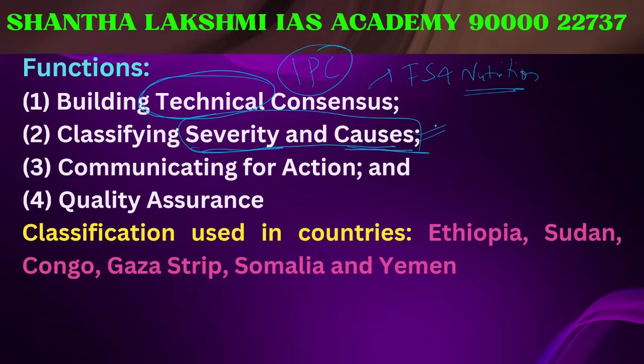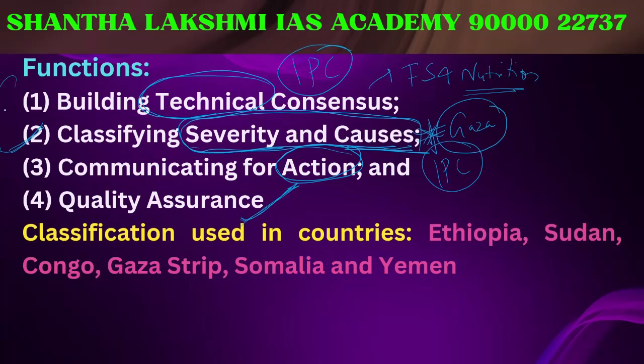See, now the context of this Gaza humanitarian crisis, which is man-made starvation, comes under this second function. Now IPC is saying that it can also classify this man-made starvation as a famine. So it will classify the severity and the causes, and after classifying, it will communicate for action, and also provide quality assurance.